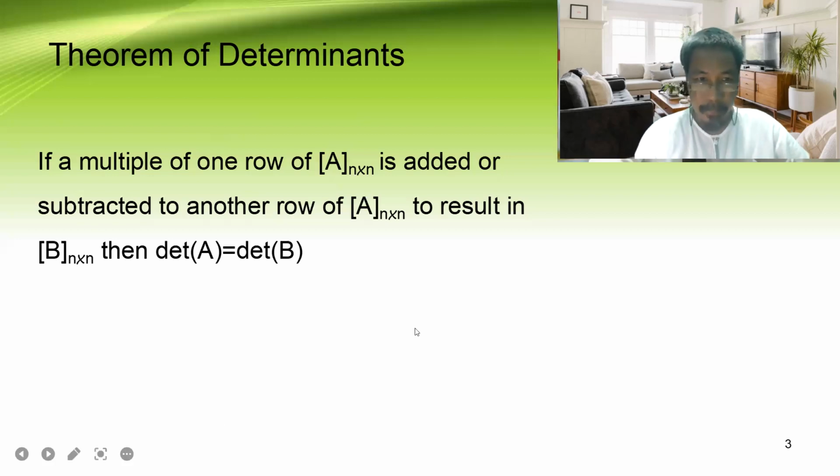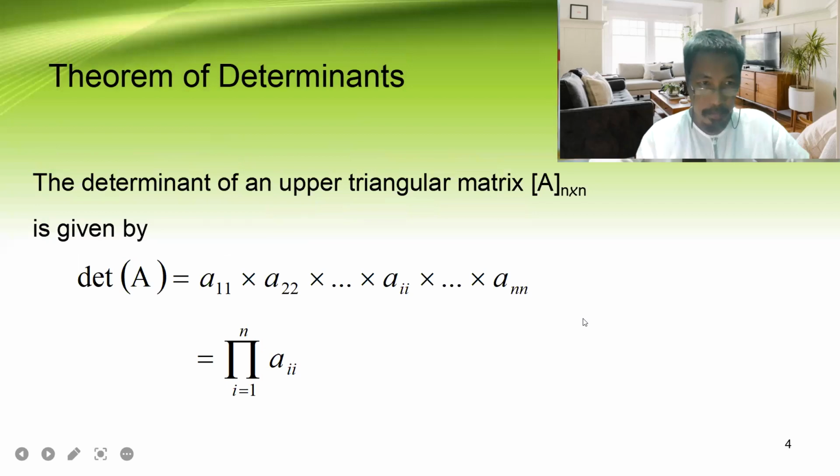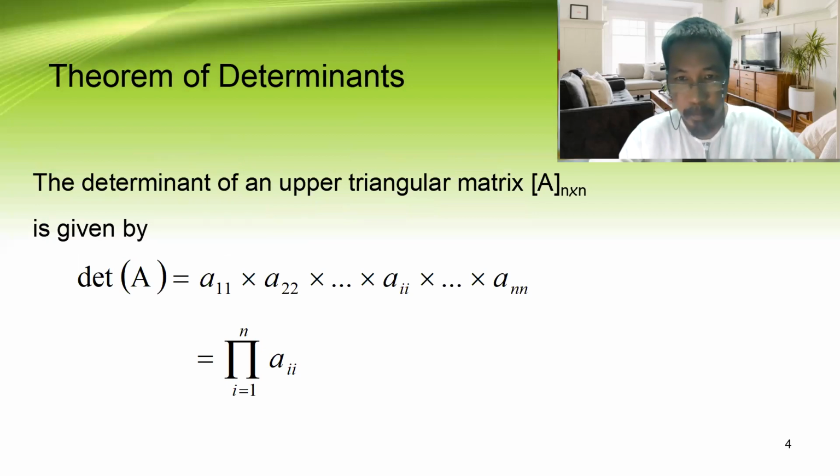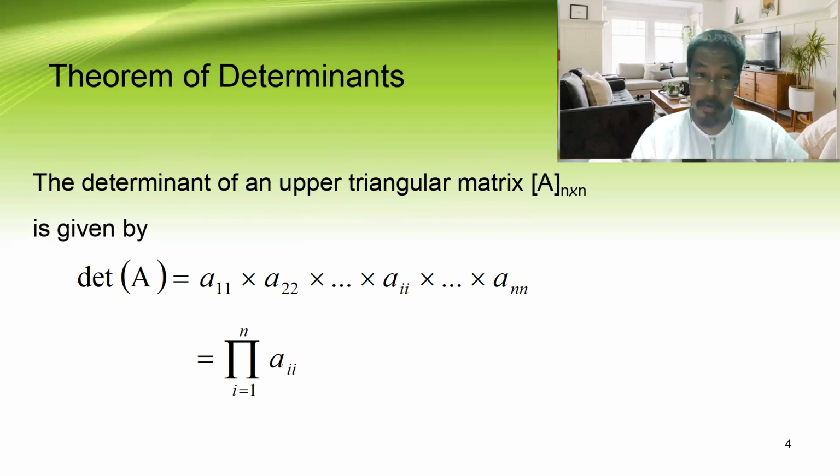Next, the determinant of an upper triangular matrix A, which is n by n, is given by, how to calculate the determinant: determinant A is equal to A11 times A22 times A33 times up to ANN.